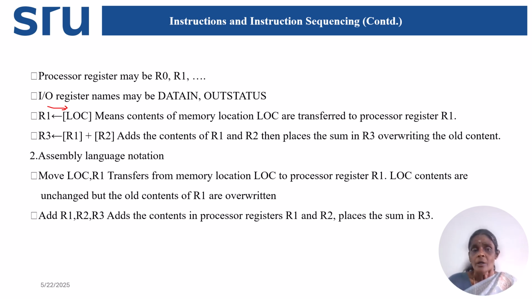So all data storage involves the processor only. It adds the content of R1 and R2, then places the result in R3, overwriting the old content. Whatever content it previously had is removed.